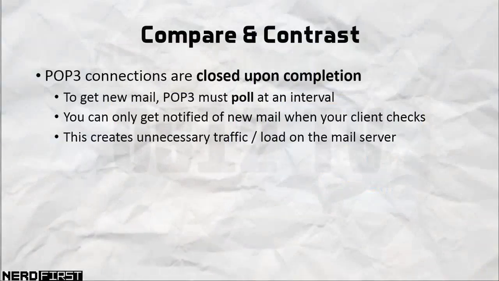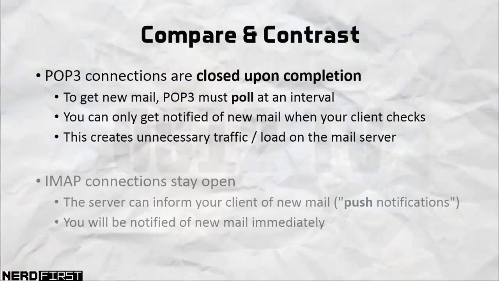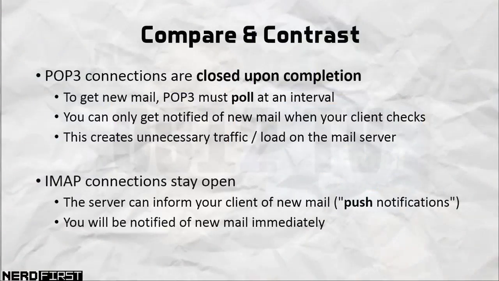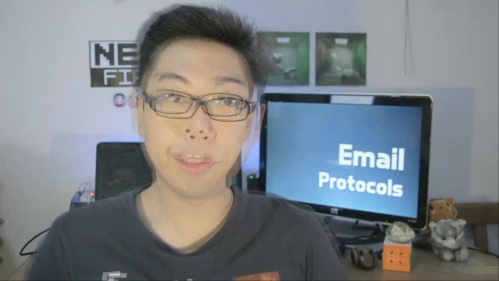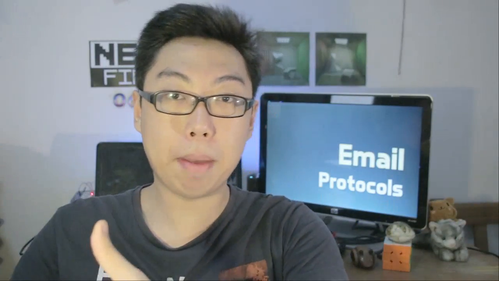IMAP, on the other hand, keeps the connection open. What this means is when the server receives a new message intended for you, it can simply push that right to your client. So you'll get notifications faster, and if there is no new email, you have very little communication overhead between these two parts. So that's the difference between POP and IMAP.